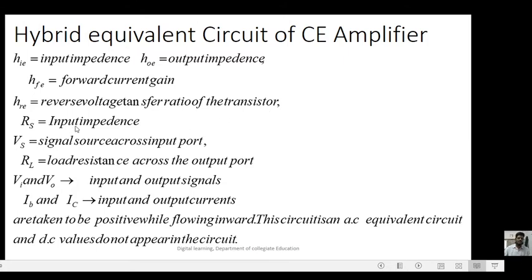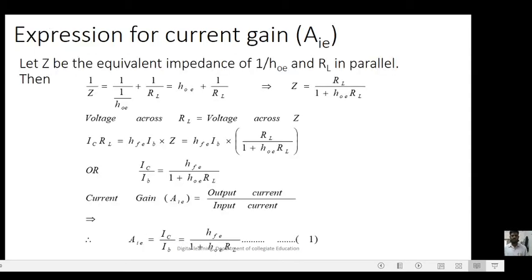RS is the source resistance, VS the signal source across the input port, RL the load resistance across the output port. Vi and V0 are the input and output signals. IB and IC, the input and output currents, are taken to be positive while flowing inward. This circuit is an AC equivalent circuit and DC values do not appear in the circuit.